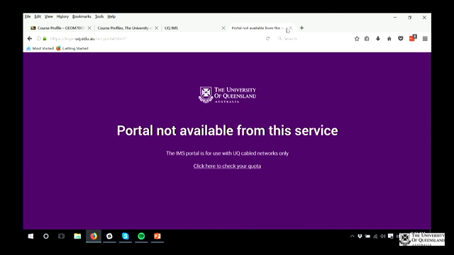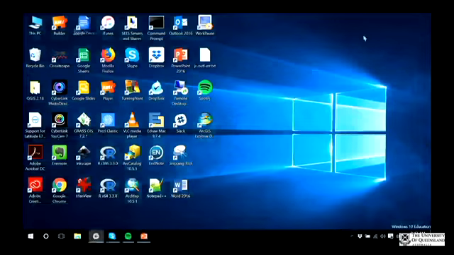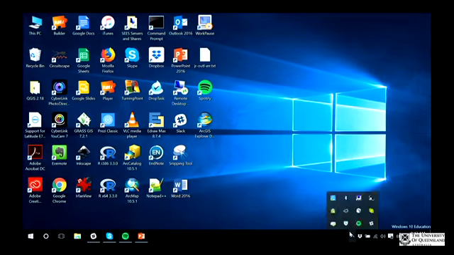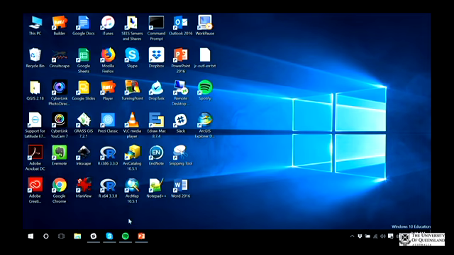I don't know why. It's weird. It should connect through the blue cable, but I don't know why it's not. It says it's connected.